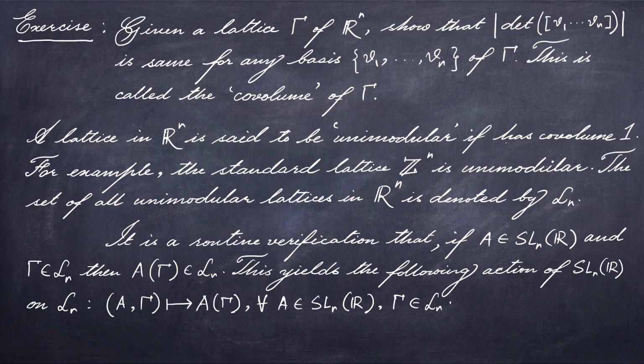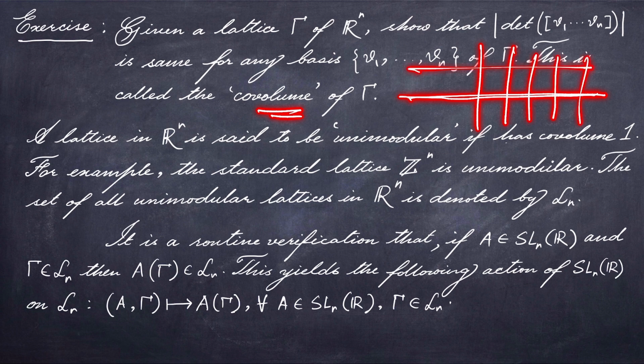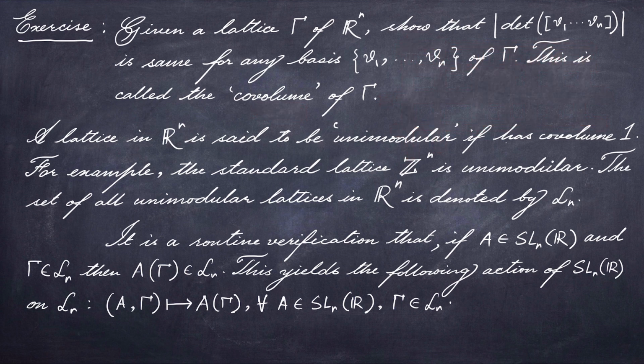So let me just explain that by an example, and why the word volume is there. Let's say in R2, if you consider the standard lattice Z2, then you see that this determinant is nothing but the area of this. So this area is called the co-volume of the standard lattice Z2.